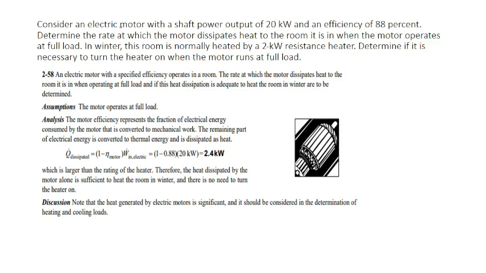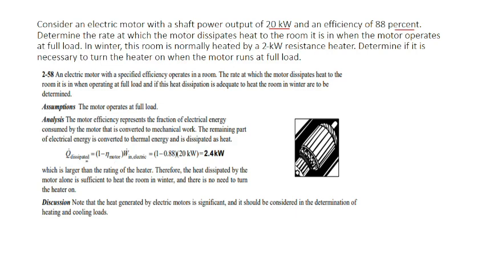So consider an electric motor with a shaft power output of 20 kilowatt, with an efficiency of 88%. You have to determine the rate at which the motor dissipates heat to the room.